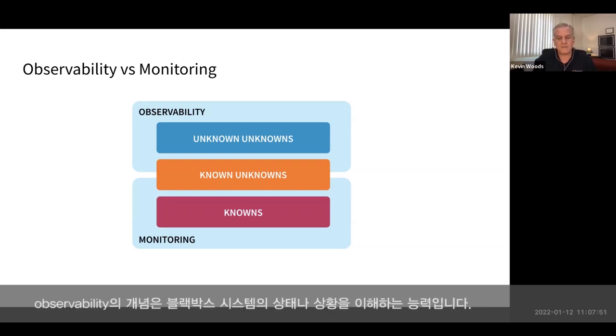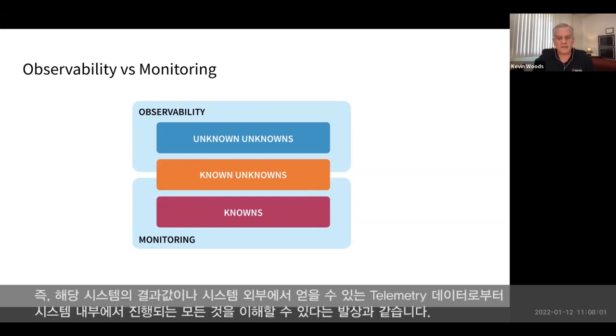And the idea of observability is it's the ability to understand the states or the status or the situation in a black box system. So the idea is that from the outputs of that system, or just from telemetry data that you can get external to that system, you can understand everything that's going on inside the system.